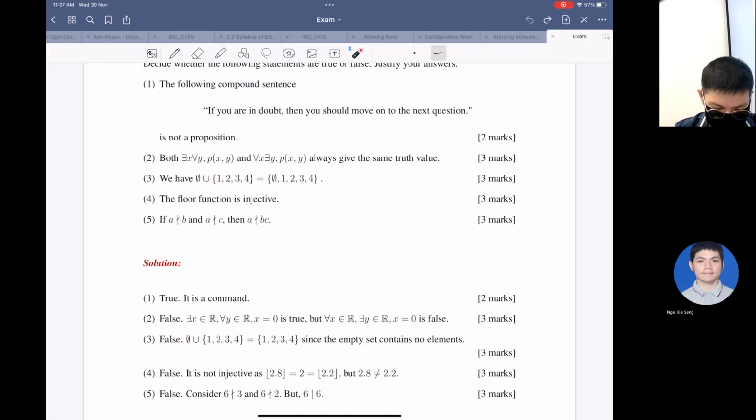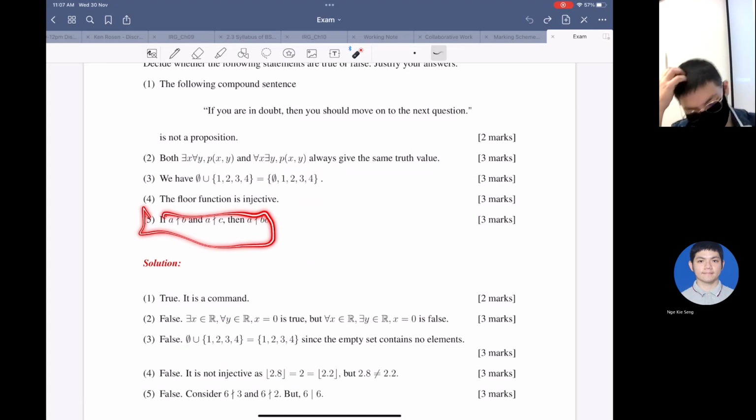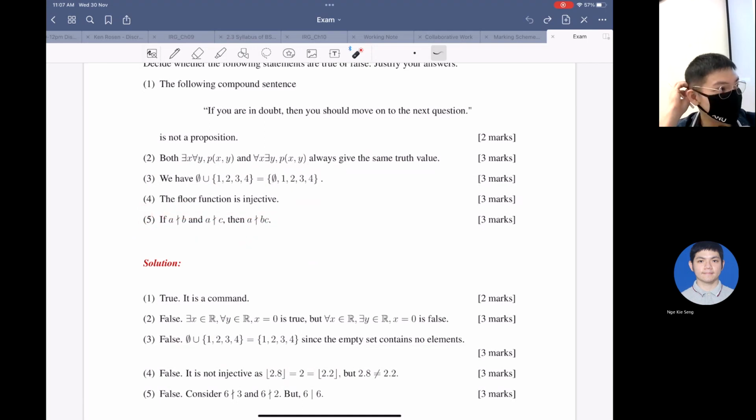Okay. The floor function is injective? It's not injective because you have two different numbers that get sent to the same value. B, we actually discussed this before, but in the contrapositive way. If A divides BC, then A divides B or A divides C. This is what we did in class.